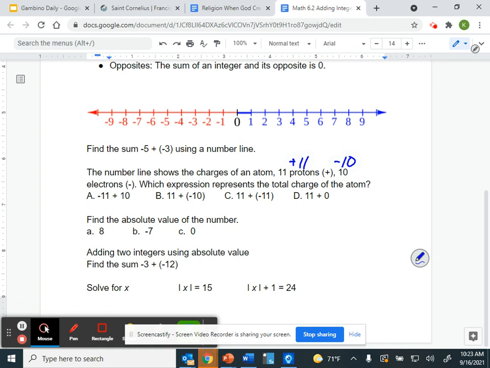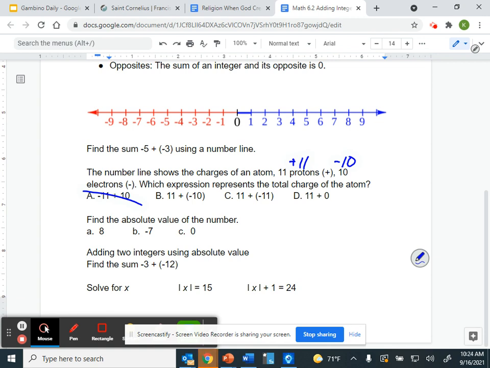We can cross some off right away because they're not using the information that we were given. So let's look at, if we have a +11 and a -10, is A going to be the answer? No, because it says -11, +10. So we can cross A right off. We know it's not using the numbers that it gave us.